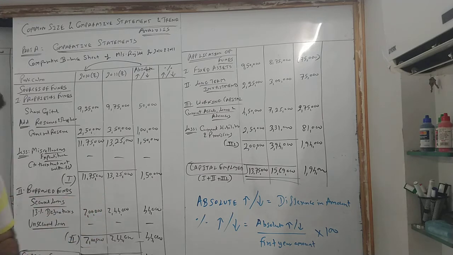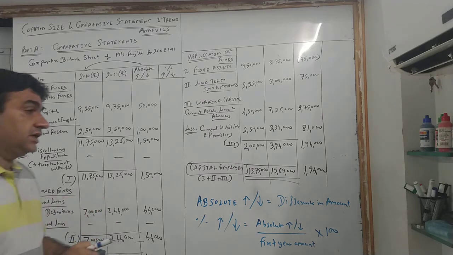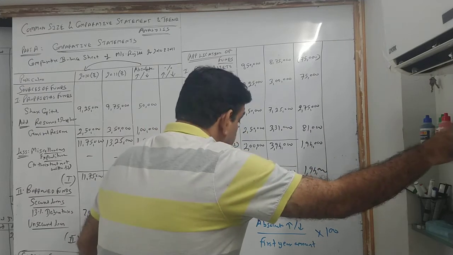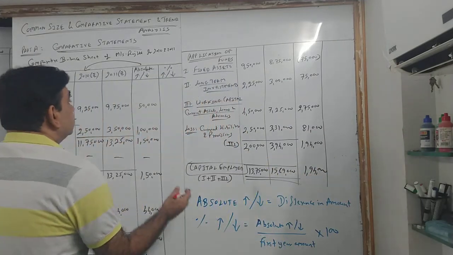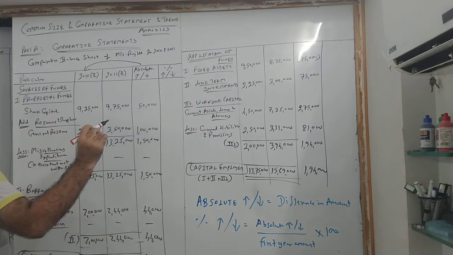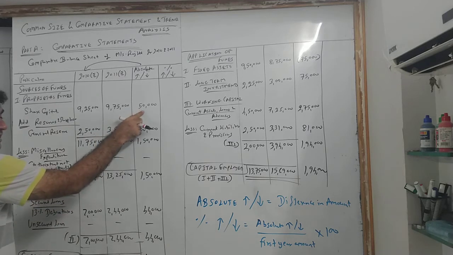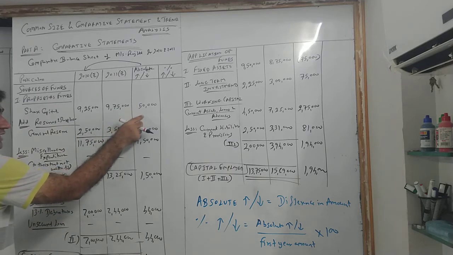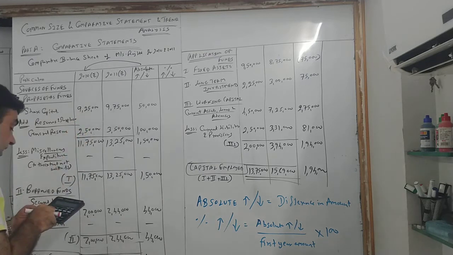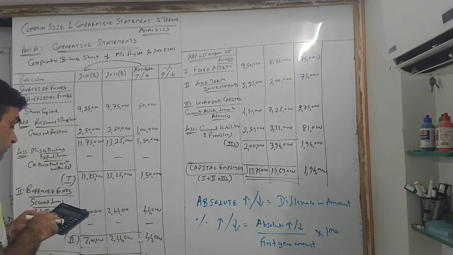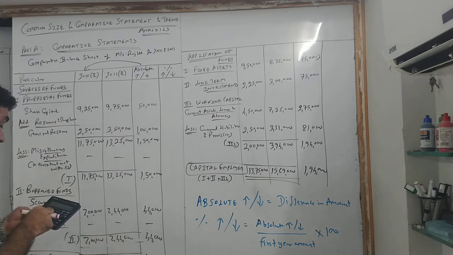So now let's calculate further. Absolute increase or decrease, difference, upon first year. So see now, 50,000 is the absolute increase or decrease upon the first year amount 9,25,000. So 50,000 divided by 9,25,000 into 100.